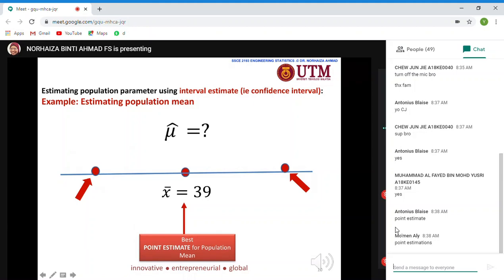Our estimate of the population mean could be any number around this figure. There's no point having a number that's so far away from this figure, because you know that this is the best point. So to do that, you need to block this number through a boundary. You might have a lower boundary and an upper boundary. Therefore, the other possible values would be within these boundaries only, which is an interval.